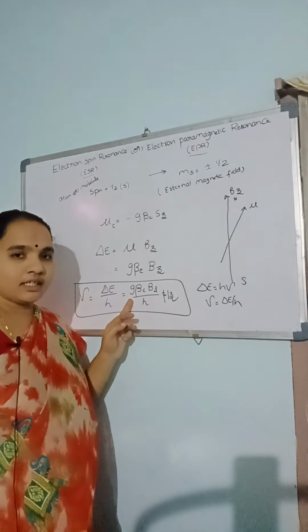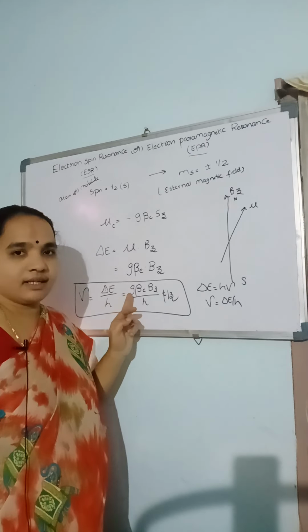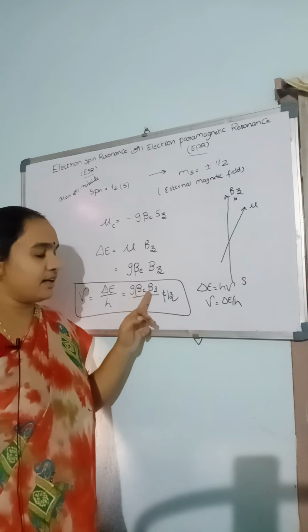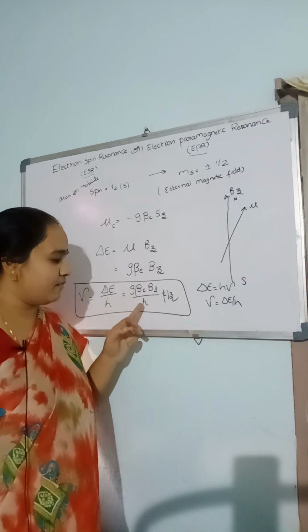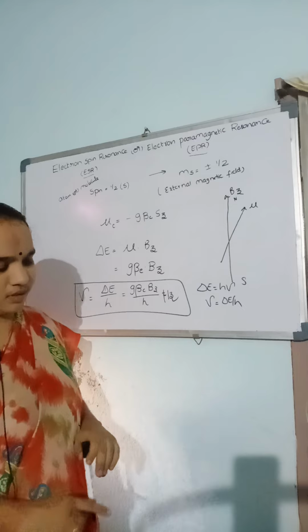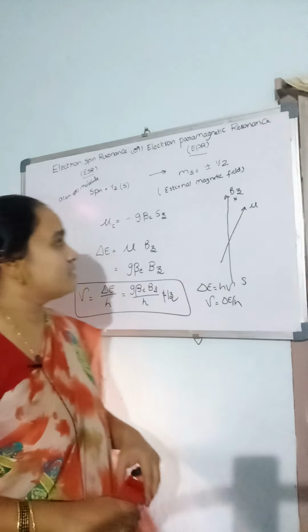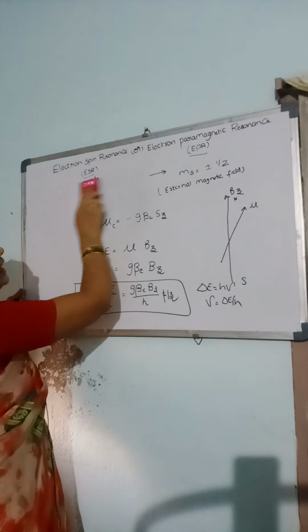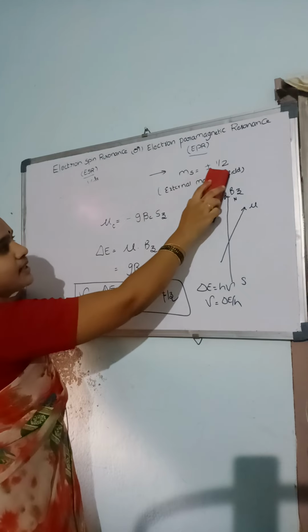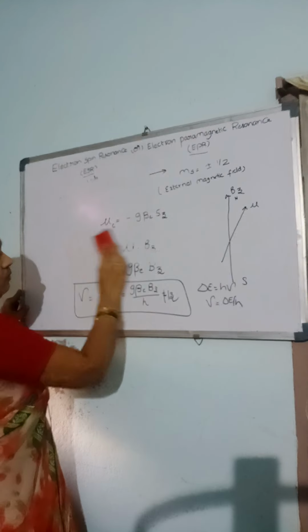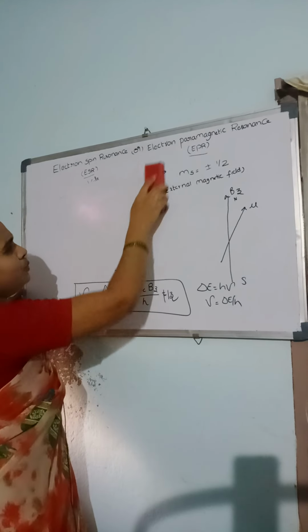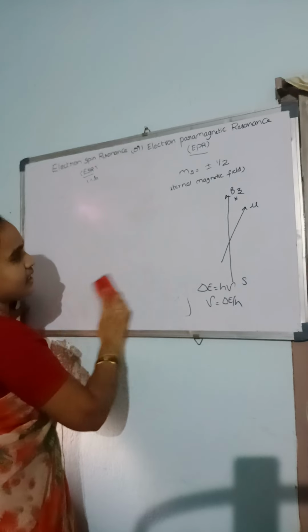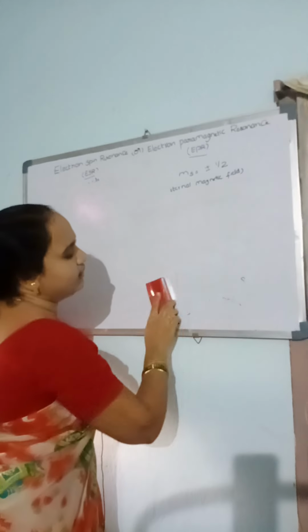Here g is the Landé splitting factor, beta is the Bohr magneton, B is the external magnetic field, and h is Planck's constant. So in the presence of an external magnetic field, each spin state is split into two different states, Ms is equal to plus or minus half.